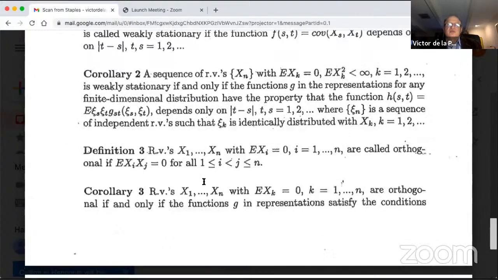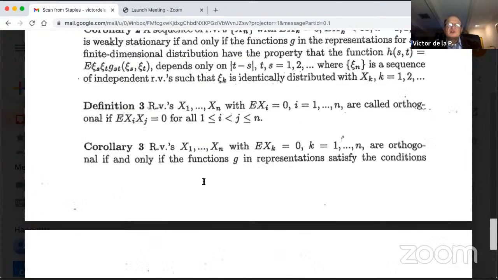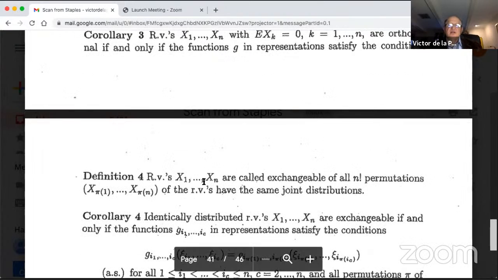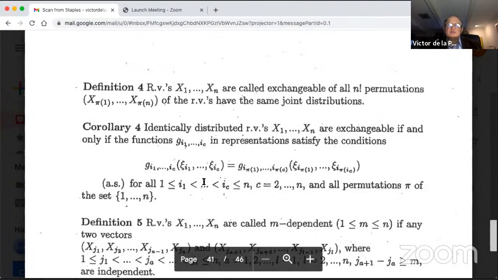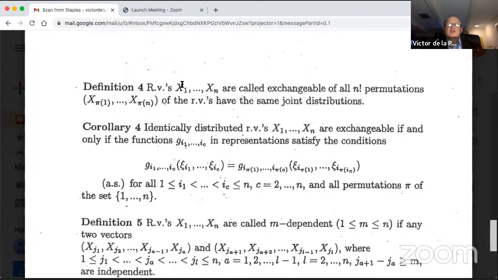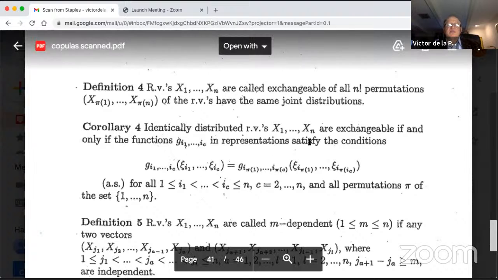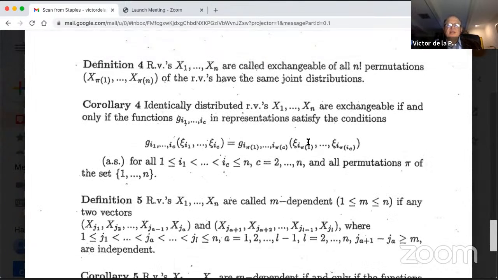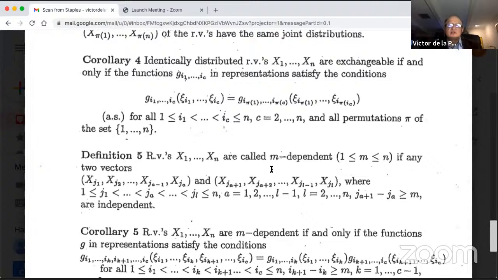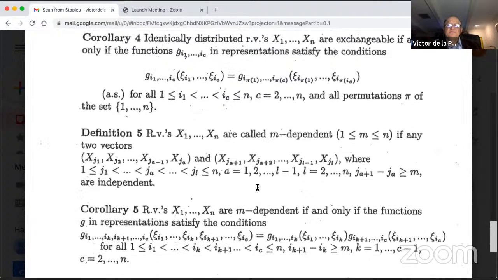These are just different dependent structures that you can construct using the characterization in our paper. You can construct exchangeable variables, a joint distribution of exchangeable variables. The copula will have to have g's of this type. For M dependence, the copula has to have a certain form.